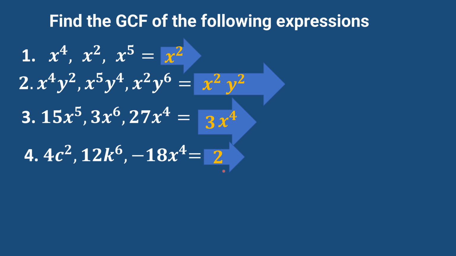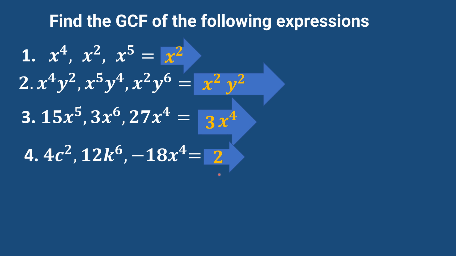If you say 4, maybe you will ask why it's not 4, in which 4 can divide 4 and also can divide 12. But remember, 4 cannot divide 18. It can divide 18, but it's not exact. There will be a remainder. So when we say greatest common factor in relation to the constant, there should be no remainder other than 0. So therefore, among 4, 12, and negative 18, only 2 is our GCF.